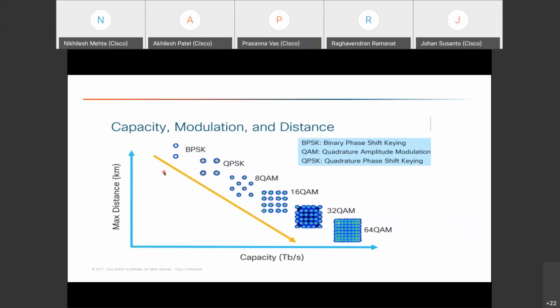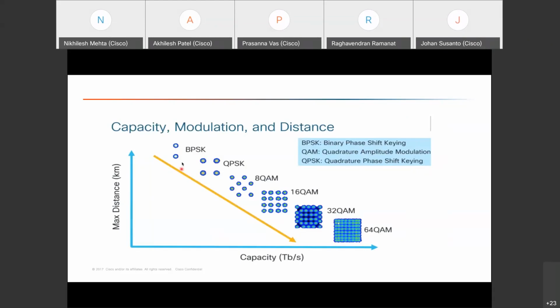With higher modulation formats, your capacity is increasing but your distance is reducing. What it means is the application differs. You can use 64 QAM for shorter distances, for example DCI.